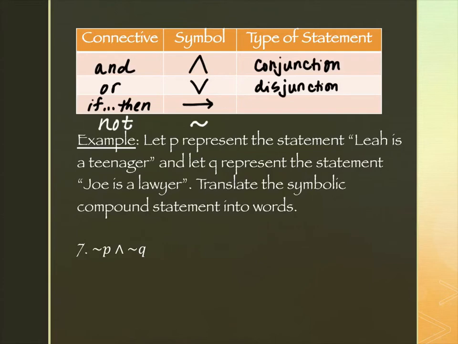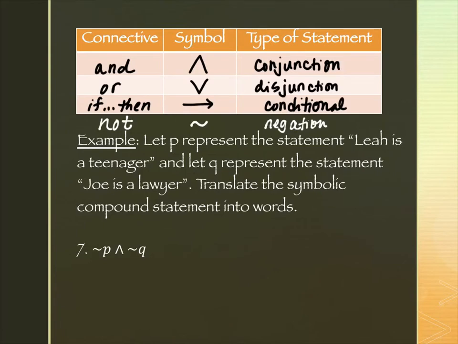An if-then statement is called a conditional. And those are the actual ones that are the compound statements. A not statement is actually called the negation, which is what we looked at a moment ago. So negations are this tilde symbol. They are the not statements.